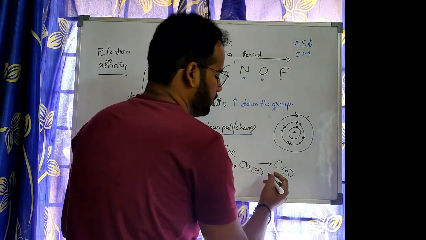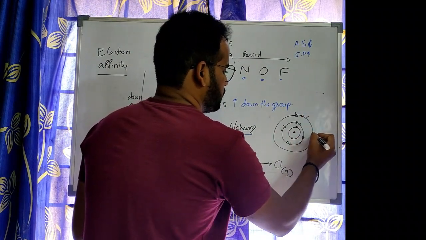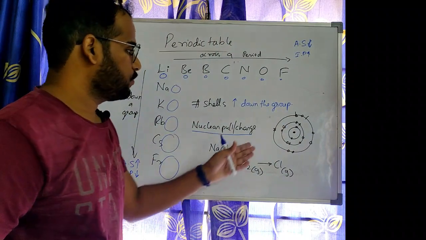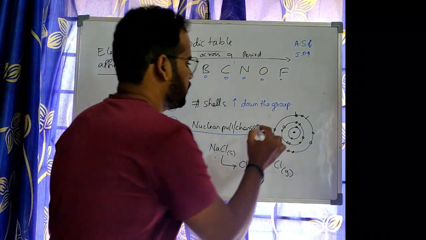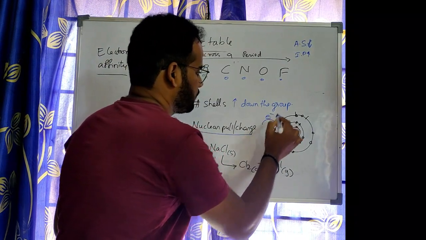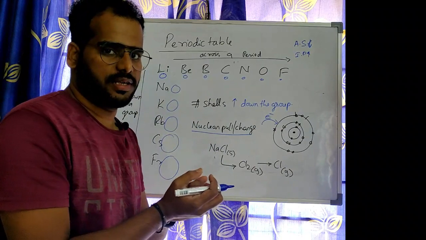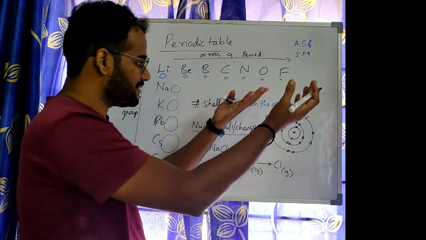So chlorine, atomic number 17, configuration 2, 8, 7. So 7 electrons in the outermost shell. For chlorine it is very difficult to lose an electron, but it is very easy to accept an electron, right? So when chlorine accepts an electron, instead of absorbing energy, it releases energy.